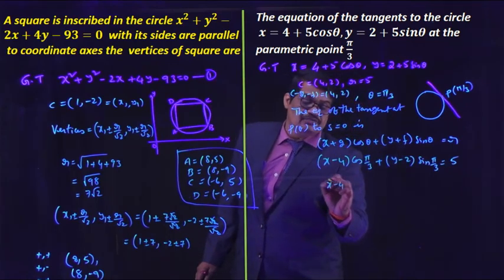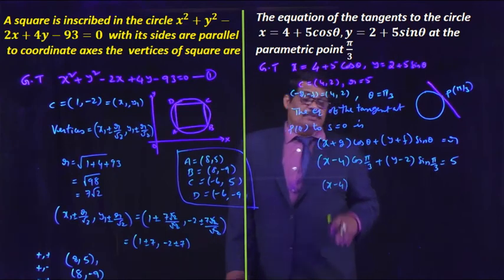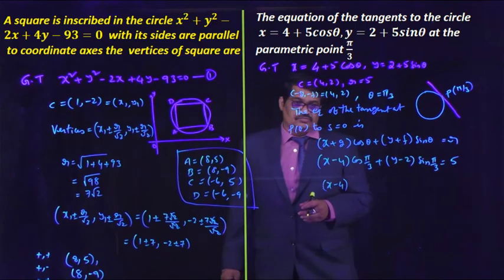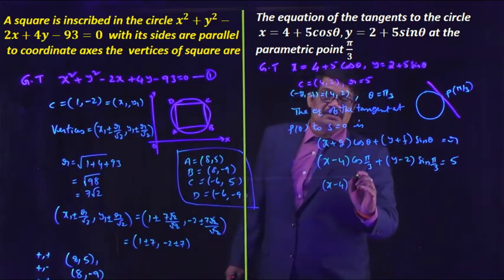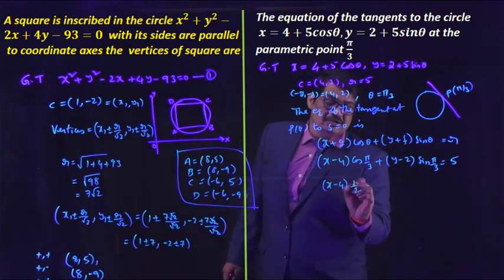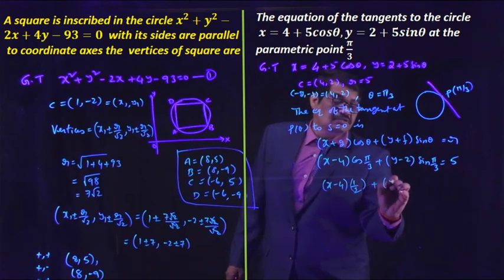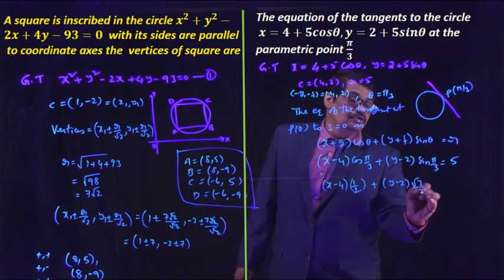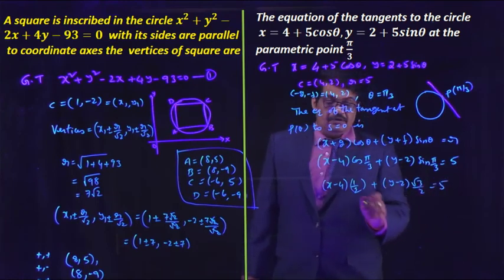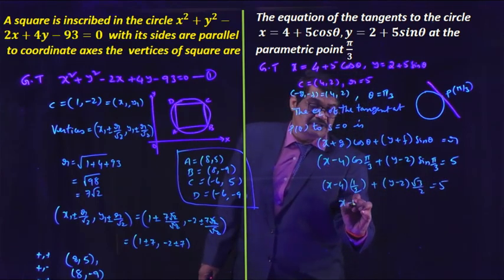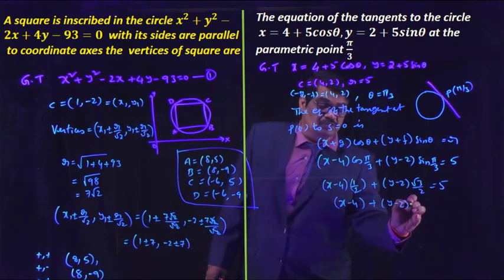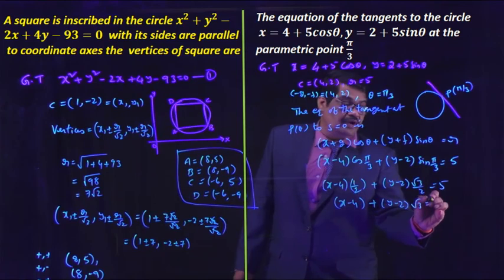x minus 4, and cos pi by 3 is cos 60, which is 1 by 2. This is 1 by 2, plus y minus 2, sin 60 is root 3 by 2, is equal to 5. Now we are simplifying: x minus 4 plus (y minus 2) root 3 is equal to 2 into 5, that is 10.